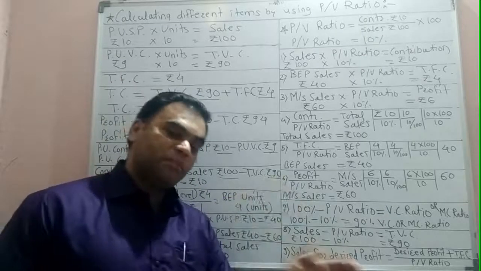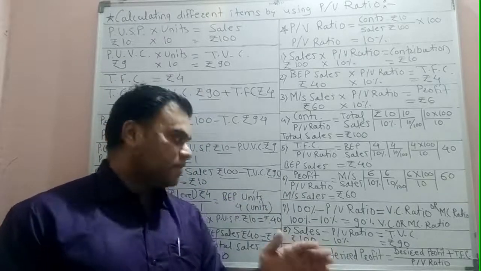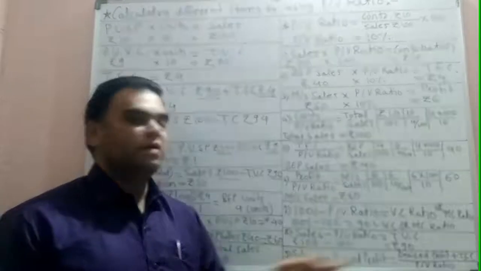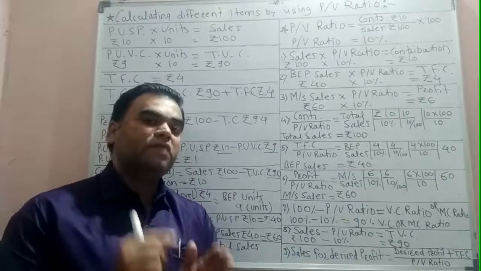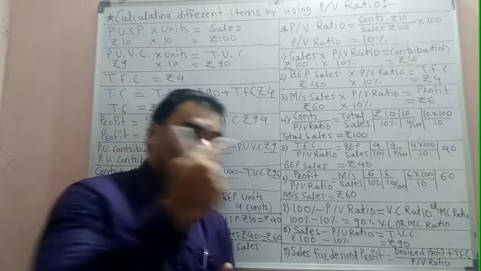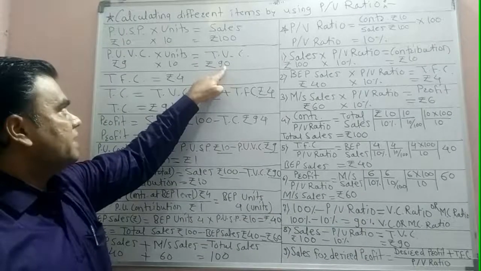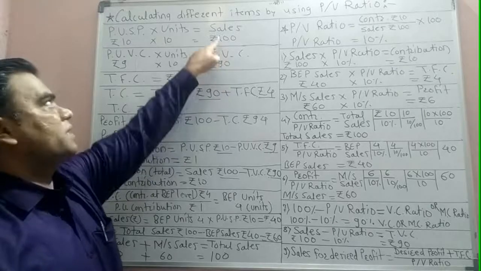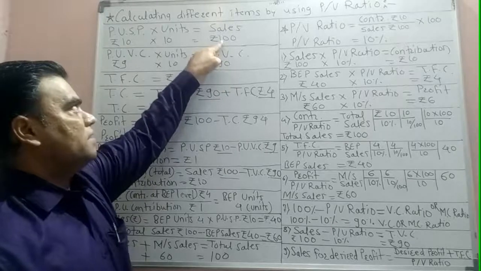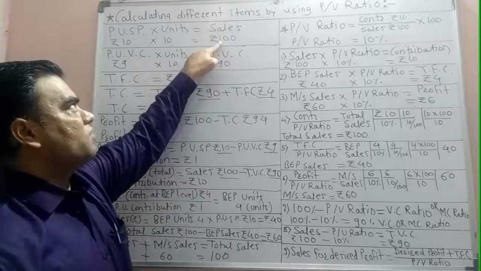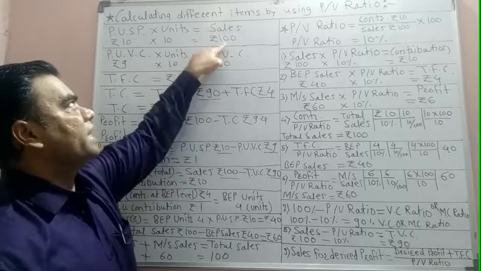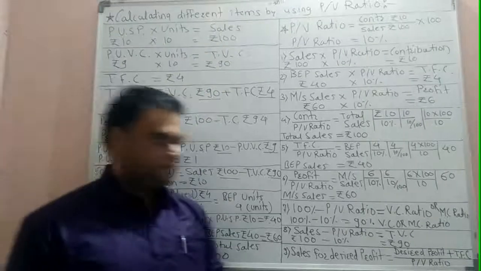As we discussed in the last lecture, what does VC ratio tell us? It tells us that variable cost is 90% of sales. You can see variable cost is 90, which is 90% of sales. Sales is 100, and 90 is 90% of 100, means variable cost is 90% of sales.